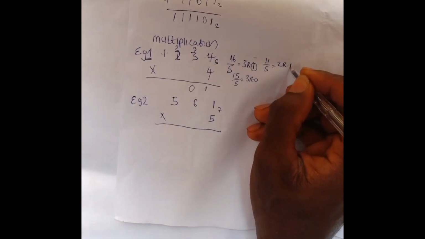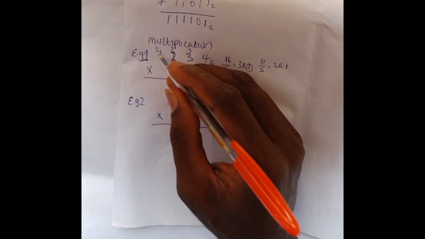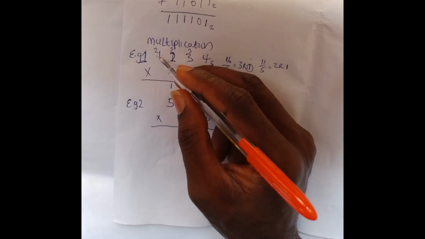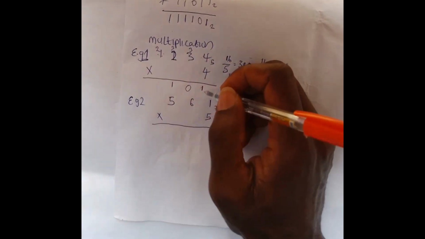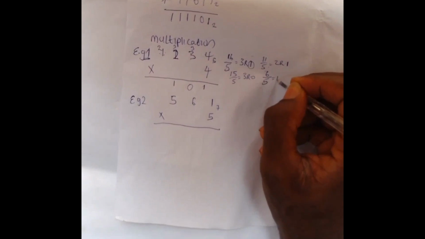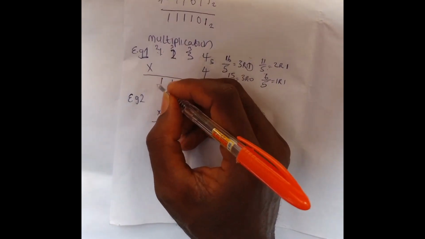Write the remainder, take 2 to the next. 4 times 1 is 4, 4 plus 2 is 6, higher than the base, so we divide it by the base, you get 1 remainder 1. And since it's the last one, you write the remainder first, then add the other one at the front. This gives us the answer.